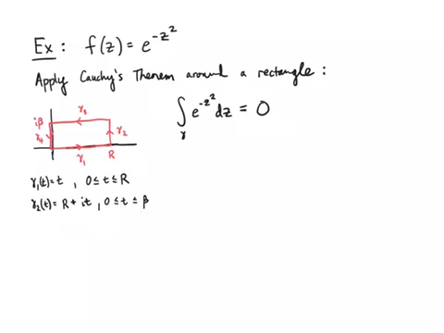Right, until we get up to that height of beta. Gamma 3: so let's see, we start at r plus i beta, and then we're subtracting off t, right?